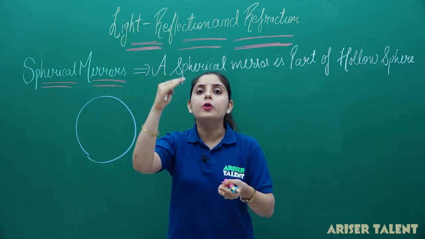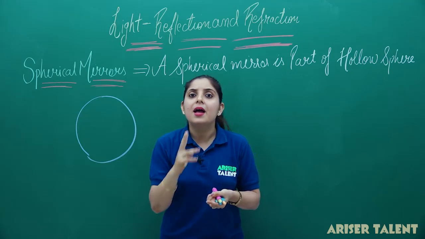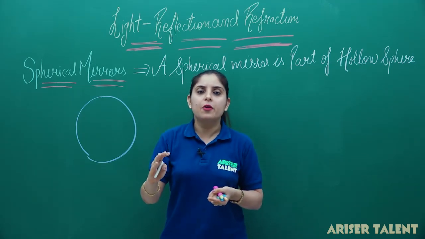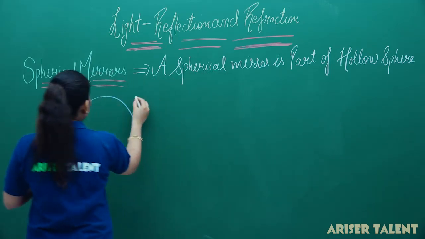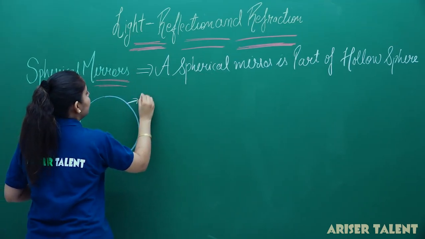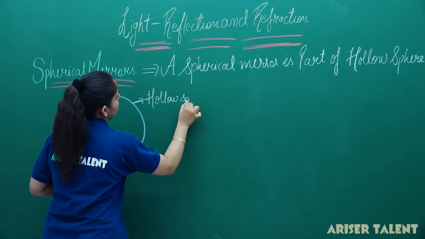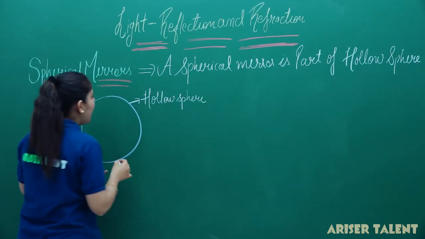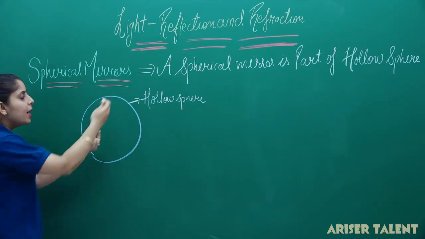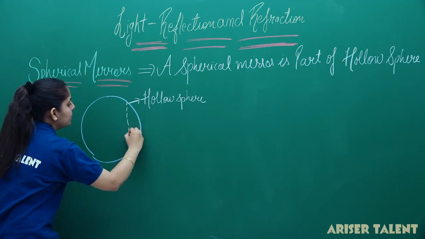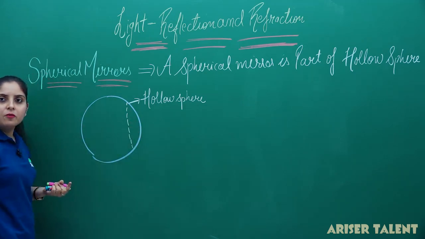So if I cut a part of that mirror, I will get two types of mirror, the convex one and the concave one. So if this is our hollow sphere, and if I cut a part of that mirror, suppose I cut this part of the mirror here.